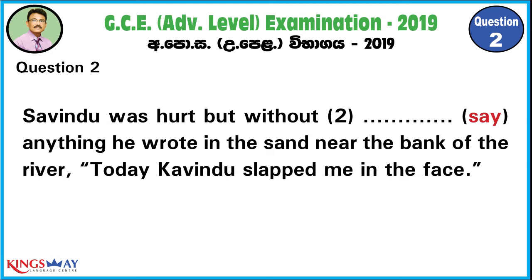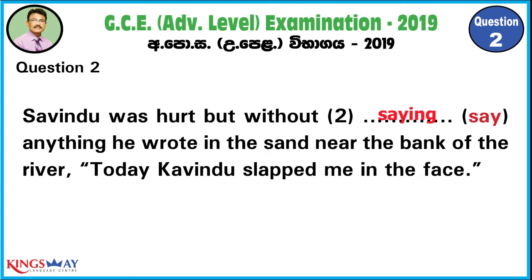Now there is another blank, number 2, and within the bracket there is the word say, S-A-Y. After without, we usually use the ing form. Without saying anything. Savindu was hurt, but without saying anything, he wrote in the sand.